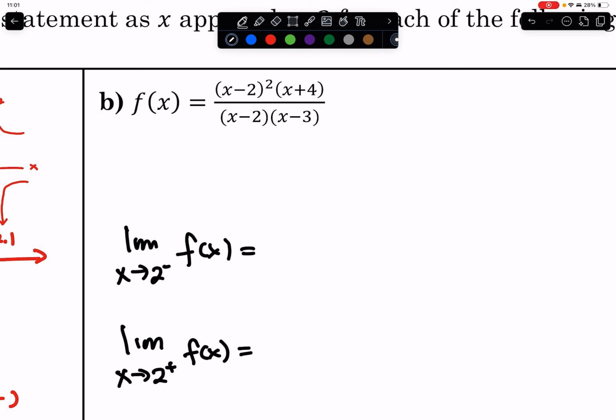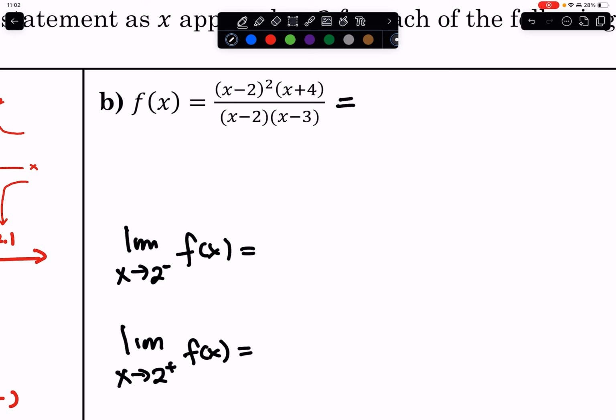If x equals 2 is a vertical asymptote, then it's going to go towards the infinities, positive or negative. But if we're approaching a hole, then it's going to approach a y value, which can be found by filling in the hole and plugging in the value of x, which in this case would be x equals 2. So the first thing we need to do is figure out what's happening at that location.